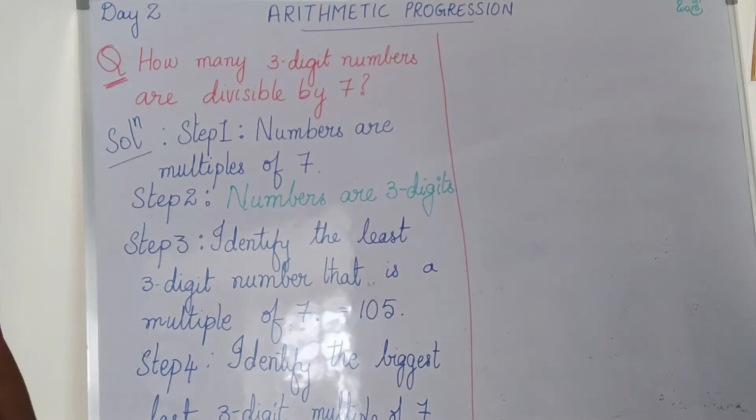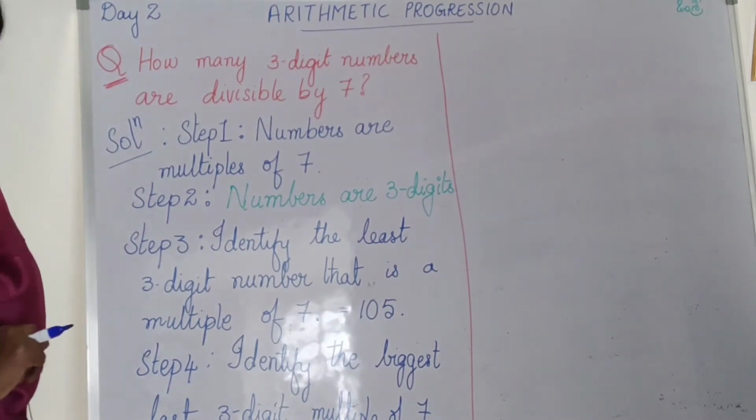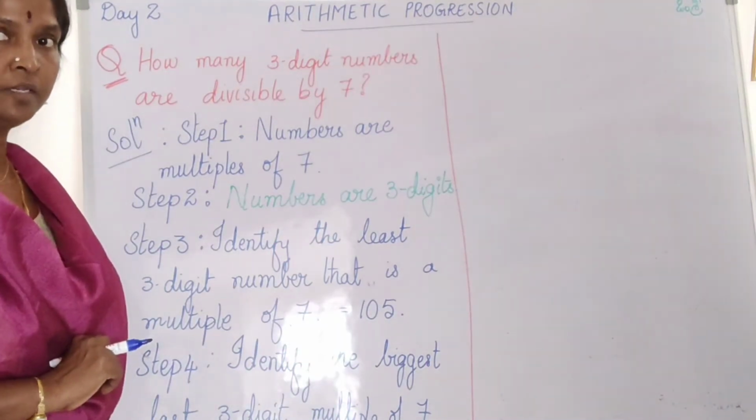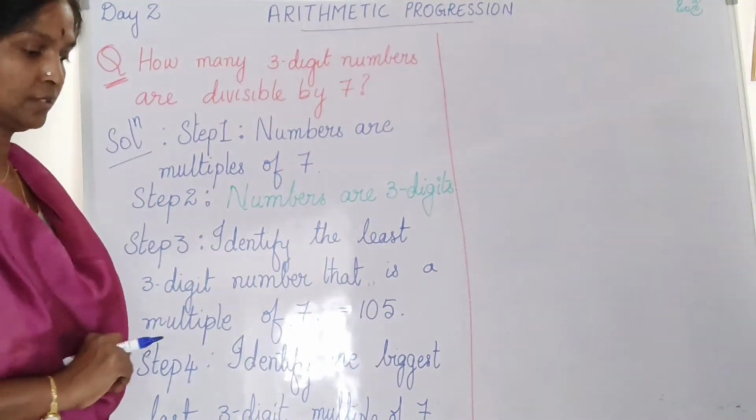Now using these 4 steps, we'll continue with the fifth step where we use the formula for the nth term in arithmetic progression.